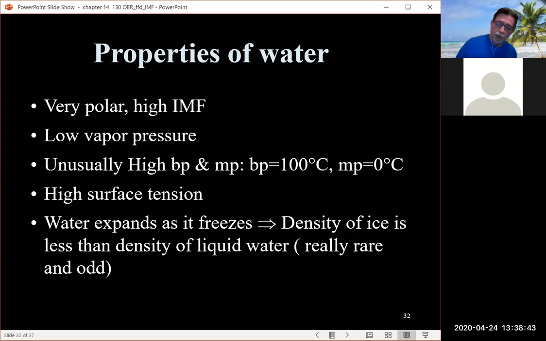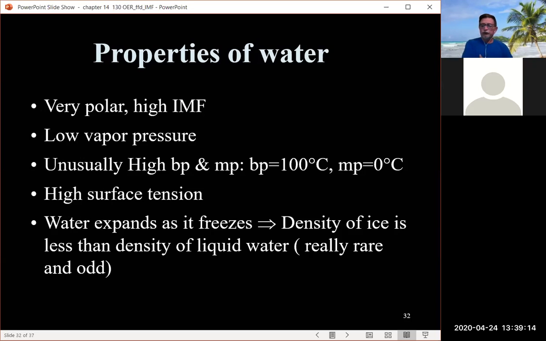The boiling point of water is 100 degrees, and the melting point of water is 0 degrees. That's the temperature at which ice becomes liquid. It has a very high surface tension. And the unique property about water is that when it freezes, it expands. Hence the density of ice is much less than that of liquid water because of the volume increase.